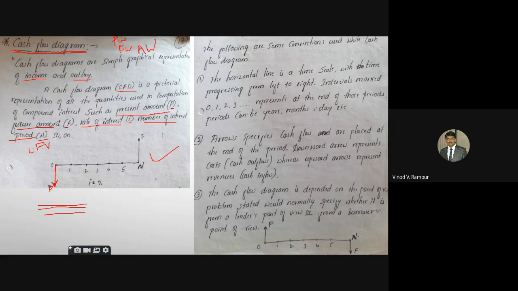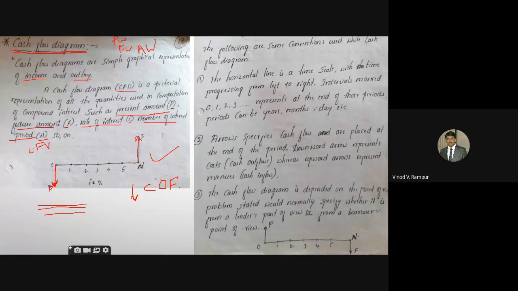The downward direction is always an outlay. The downward arrow indicates cash outflow, the cash is moving or being given to others. Then the upward direction always shows an income, the money is coming to the person.